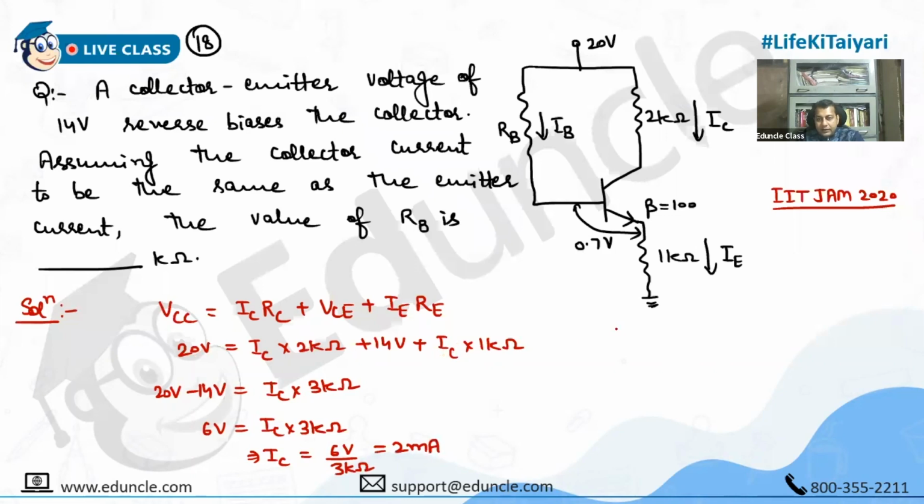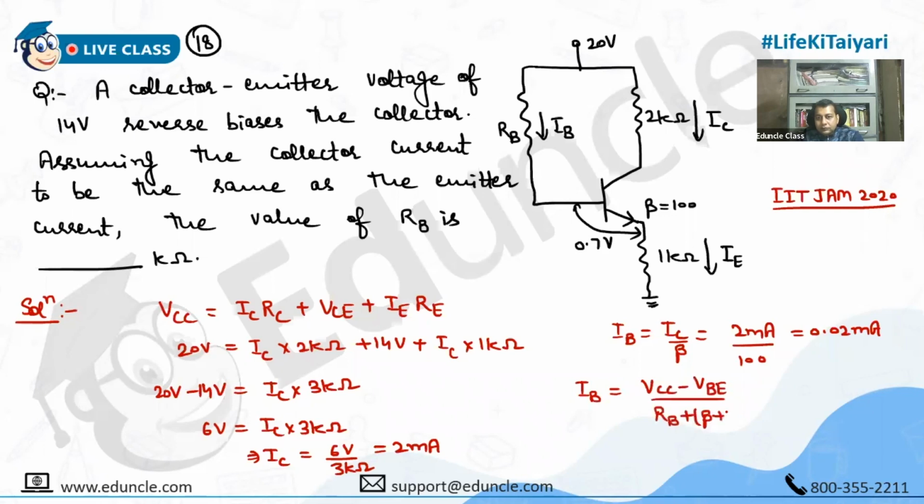Okay, and it means IB will be IC by beta. That is 2 milliampere by 100, 0.02 milliampere. And the formula for the base current is this one.